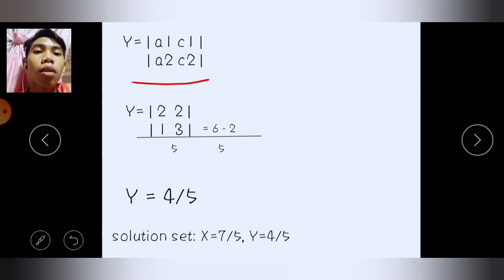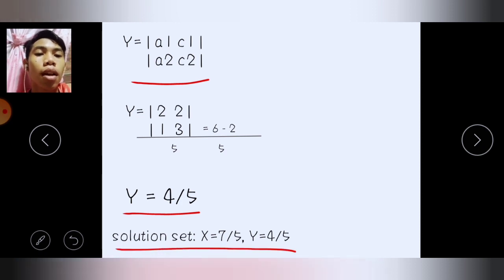So 2 times 3 is equal to 6, then 2 times 1 is equal to 2. Since there's no negative sign here, we can write the minus sign. So 6 minus 2 is equal to 4. So our y is equal to 4 over 5. So our solution set is x is equal to 7 over 5, then y is equal to 4 over 5. So this is going to be our final answer.